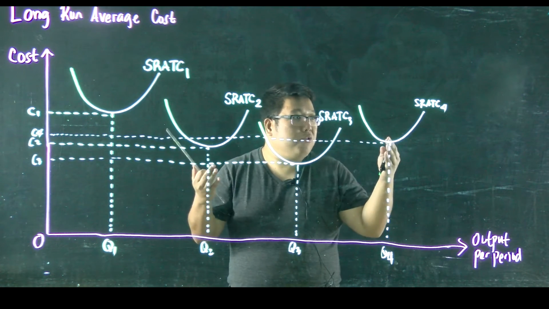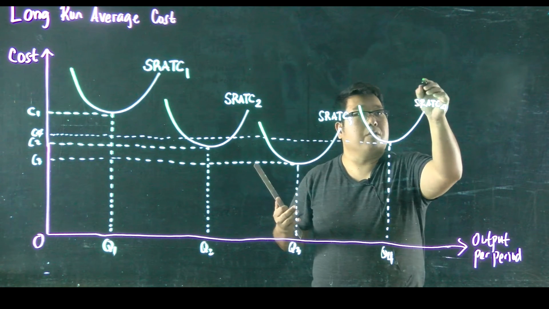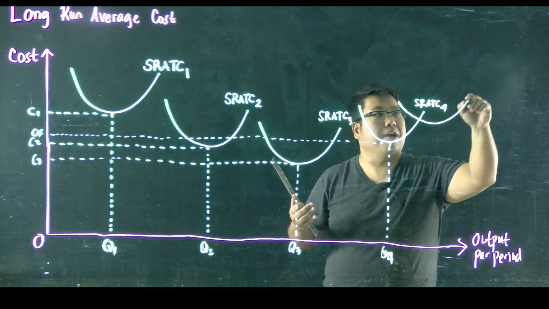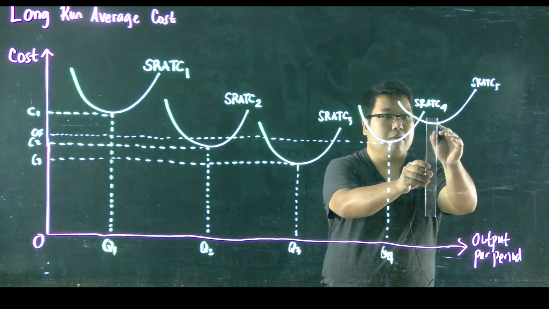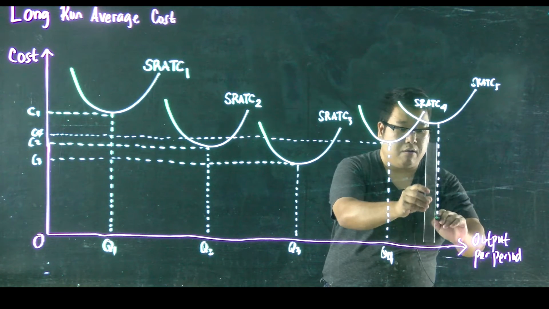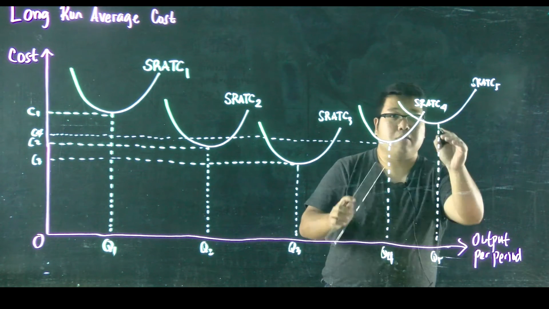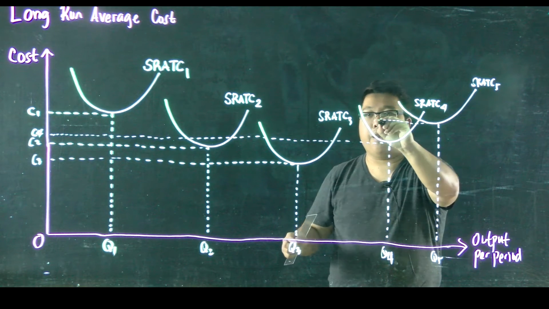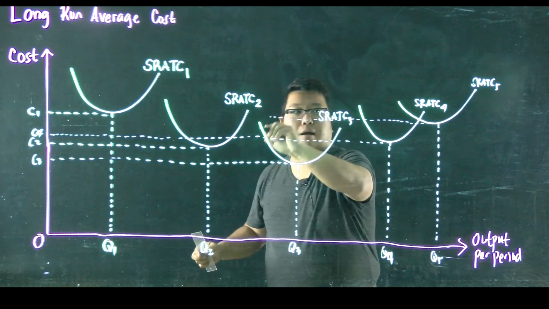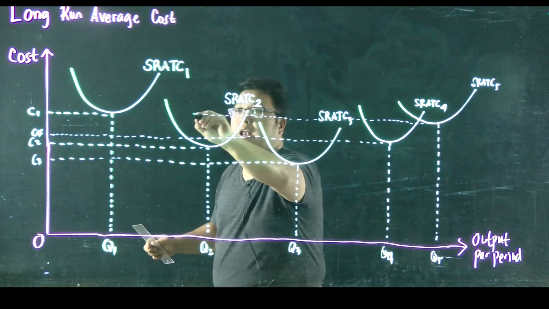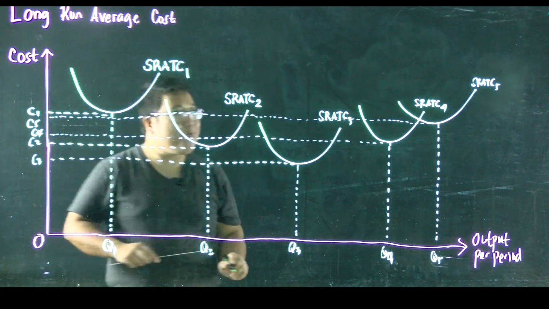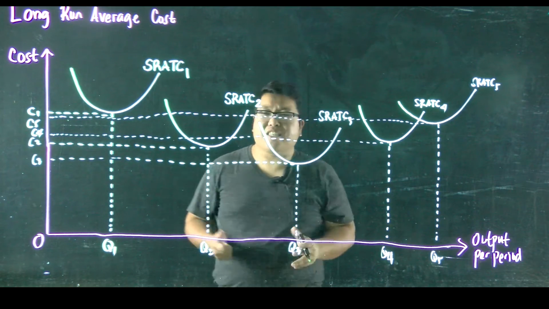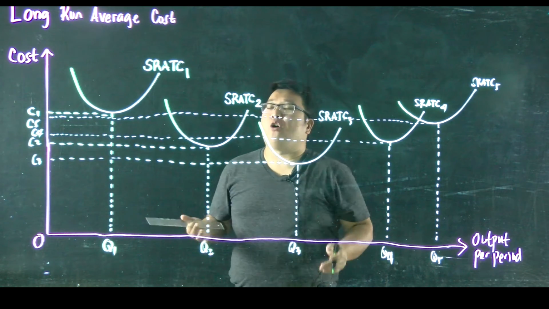So costs start to increase, and eventually, let's have another one here, SRATC5, and the cost is also higher than in SRATC4. I will call this C5. Now, question: we're talking about the long-run average cost.